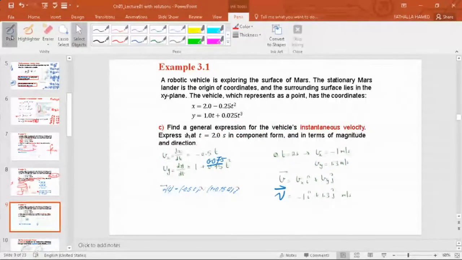The same example, but in part C here, they say find a general expression for the vehicle's instantaneous velocity, expressed at 2 seconds in terms of components and in terms of magnitude and direction.